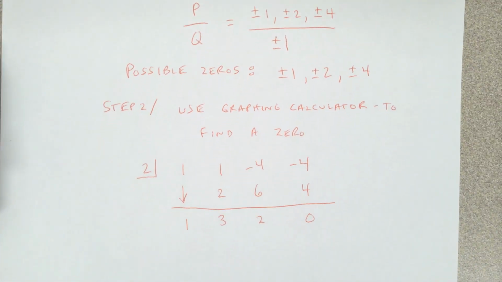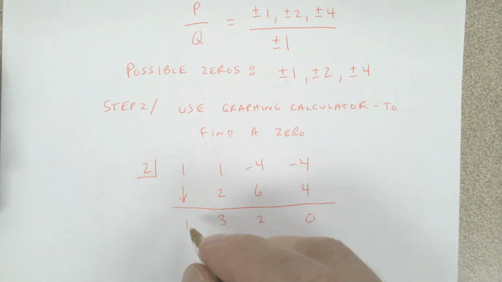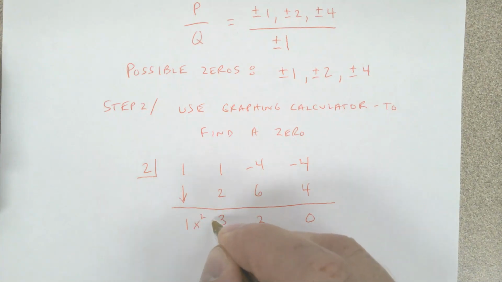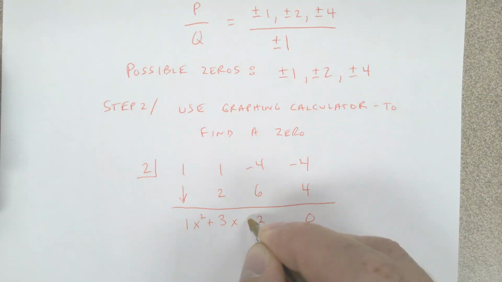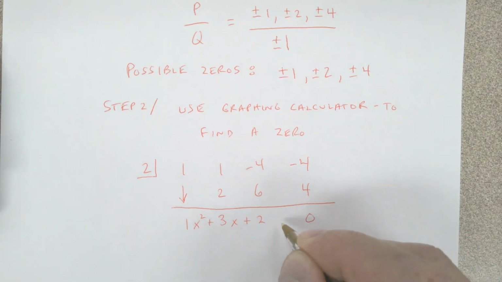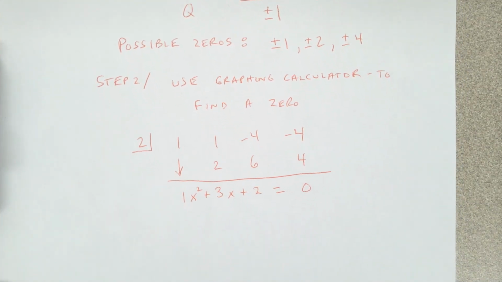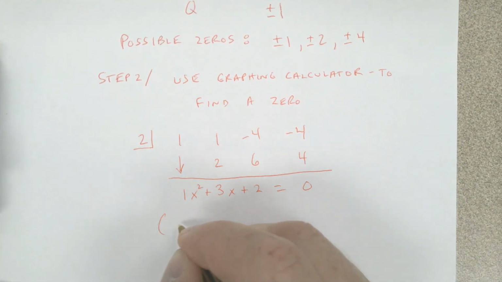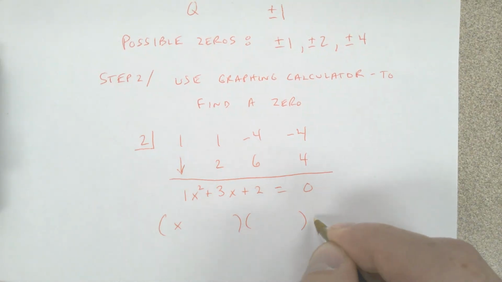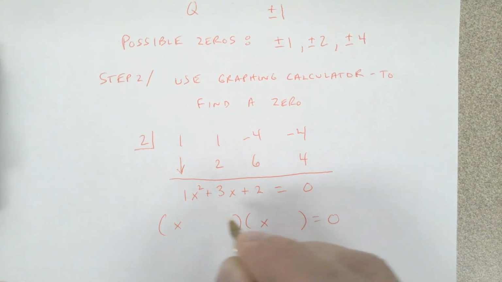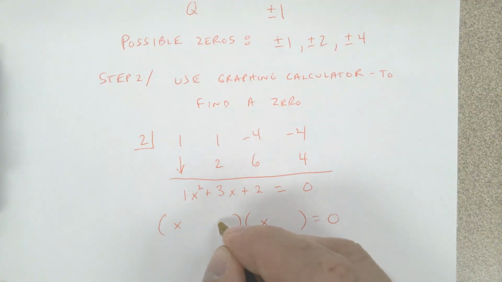And that's good news for us, because now we've simplified this down to x squared plus 3x plus 2. And again, we can go ahead and set that equal to 0. Now we can take that and go ahead and factor it. So if we factor that, that gives us x and x. We're looking for factors of 2 that add up to 3.